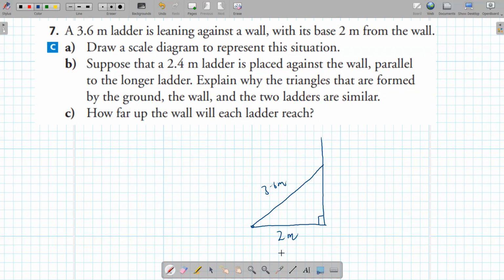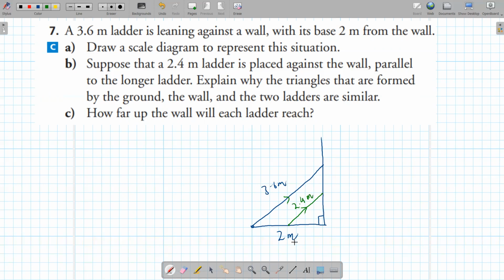Suppose that a 2.4 meter ladder is placed against the wall parallel to the longer ladder. Parallel means this ladder and this ladder should be the same. And this ladder has a length of 2.4 meters.